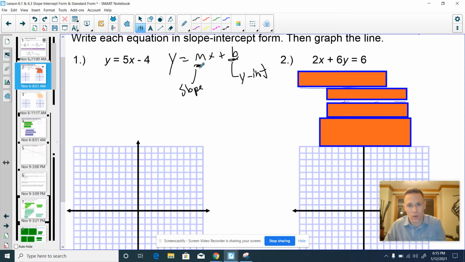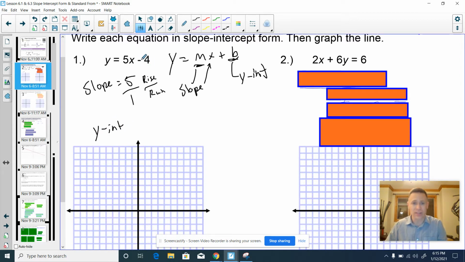Well, the slope is always attached to the x, no matter if it comes first or second. So that means my slope equals 5, and I'm always going to turn that into a fraction so I know my rise over run. My y-intercept is always the number that is all by itself.